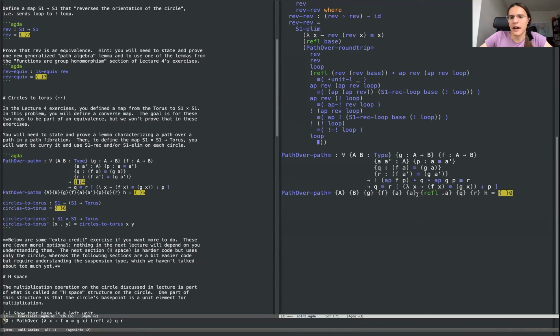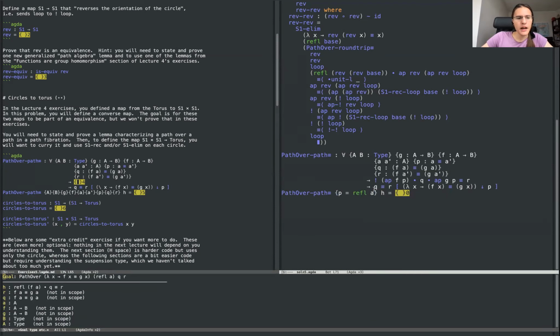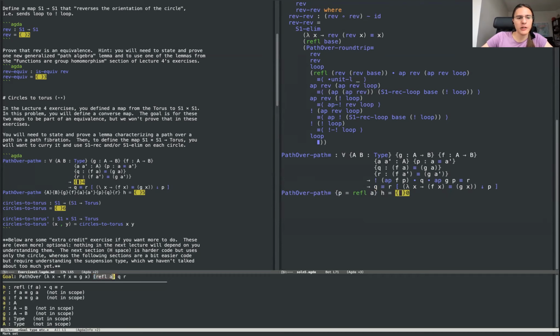By the way, these arguments aren't necessary. If you want to just write it, you write P equals that. So I think maybe the arguments were written so that you'd have all of the implicit ones. But if you just want one implicit argument, this is how you do it. And so we want to construct a path over REFL.